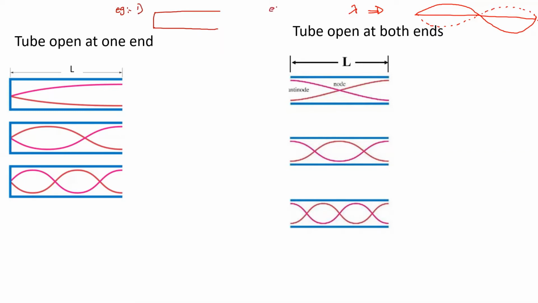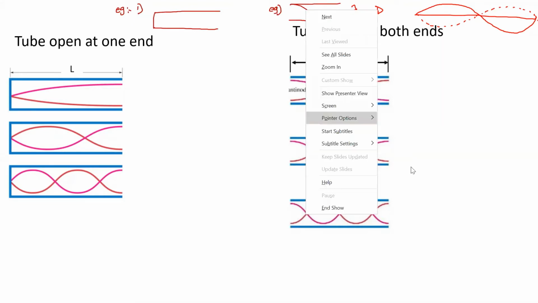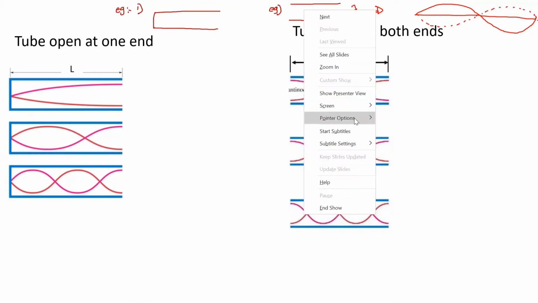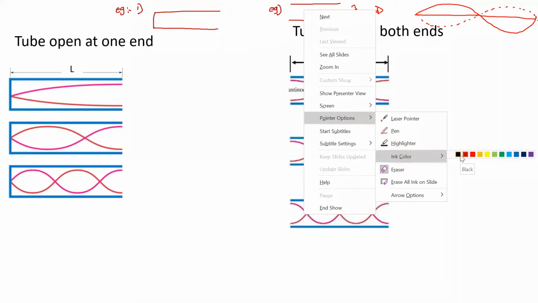And the second example that you will learn is a tube which is open on both sides. So in the string, what was the standing wave? It was the string, right? The string was the one which was vibrating.